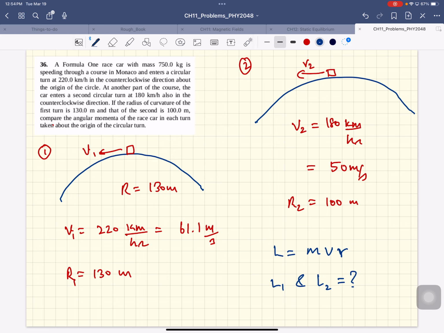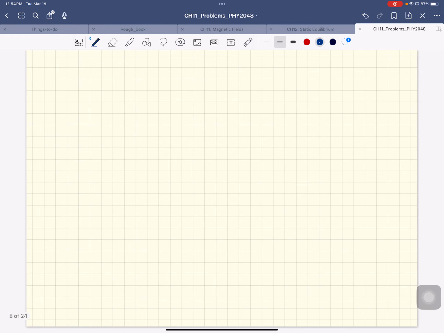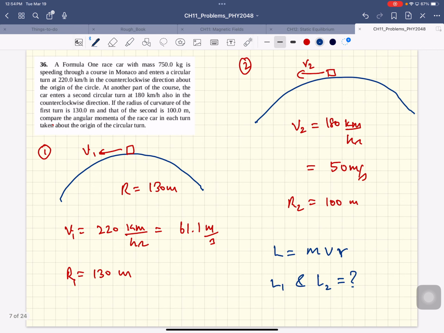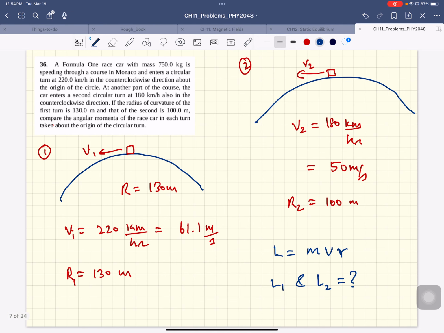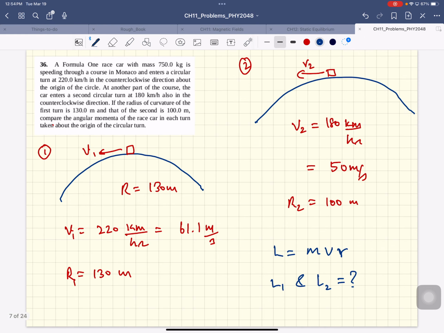All right, let's go ahead and do that first. So L1, angular momentum in turn 1, mass is 750 kgs. Velocity is 61.1 meters per second. And radius was 130 meters.